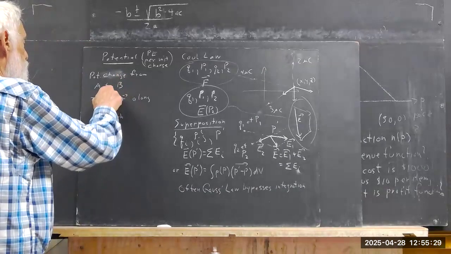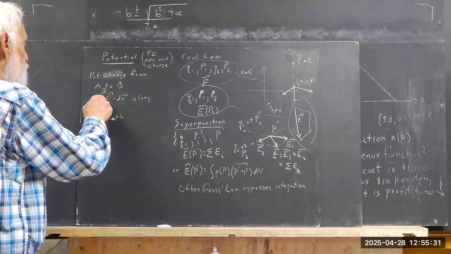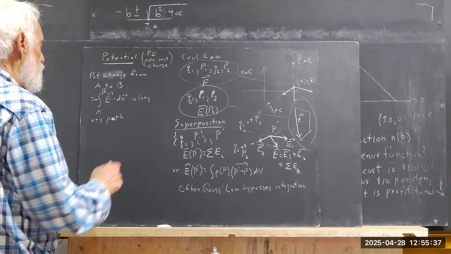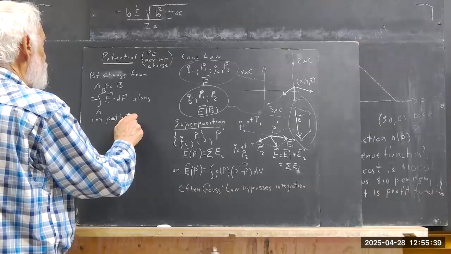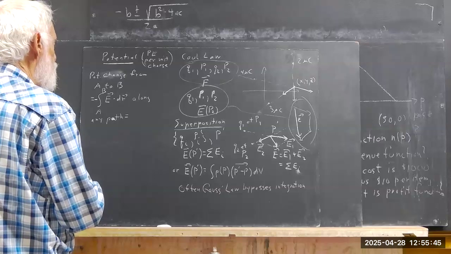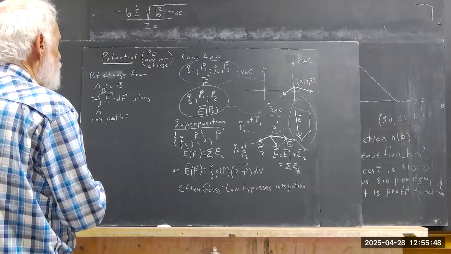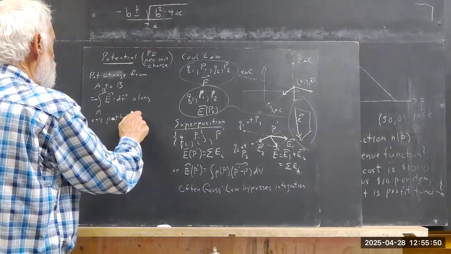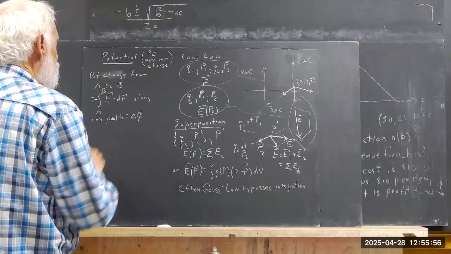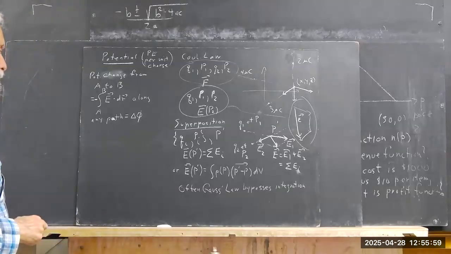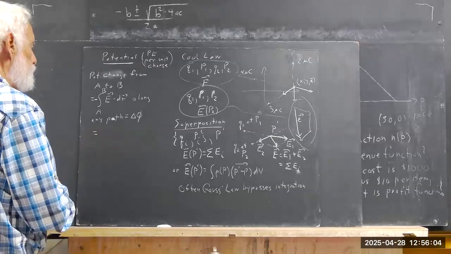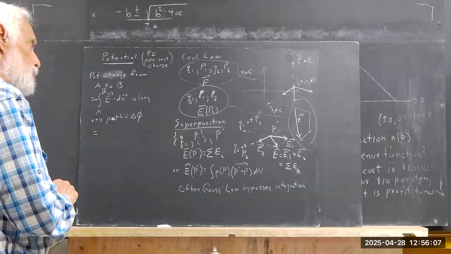So the potential change from here to here along any path is the integral, and it's equal to delta phi. I've got that sign wrong.